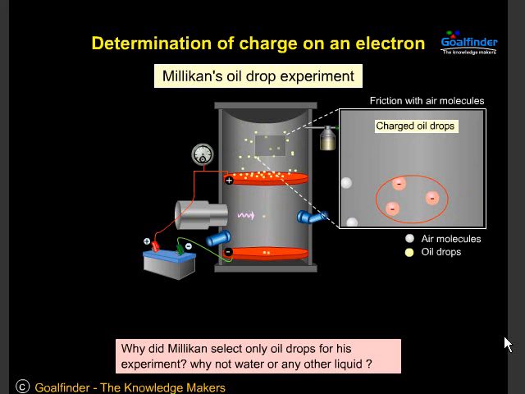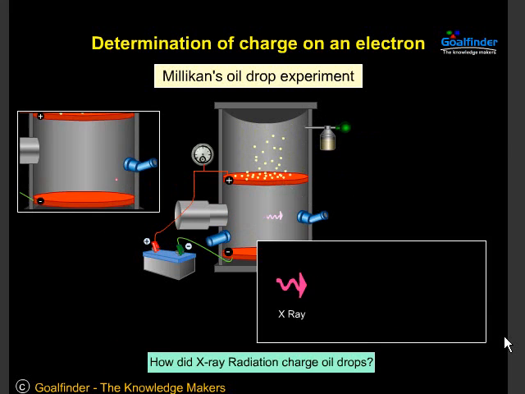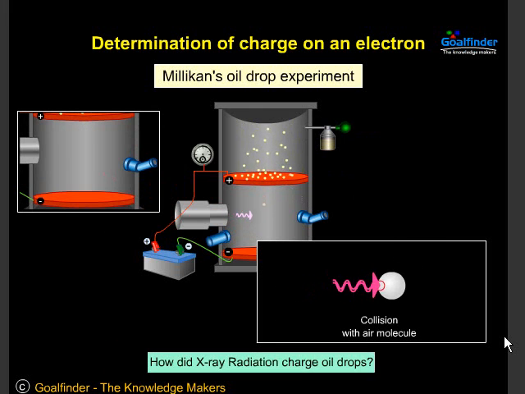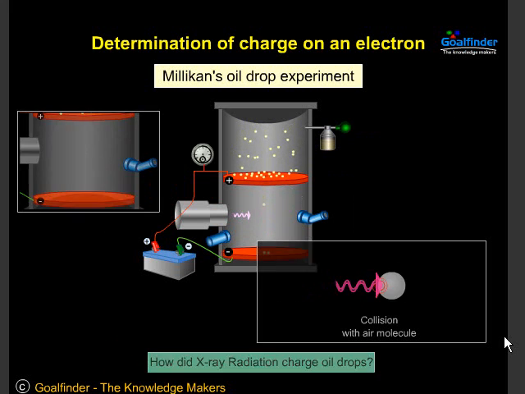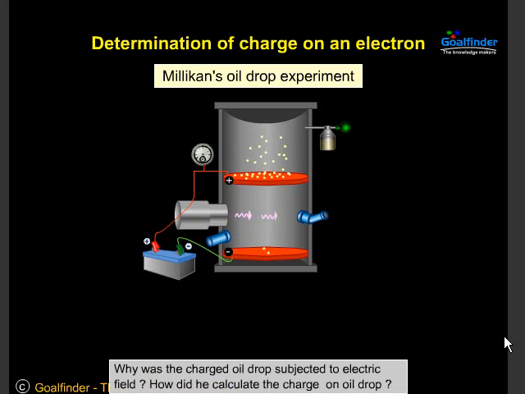Here is a question: why did Millikan select only oil drops for his experiment? And I quite couldn't understand that little diagram they showed there. Why not water? It turns out, I looked it up, the oil was chosen because it had an extremely low vapor pressure.